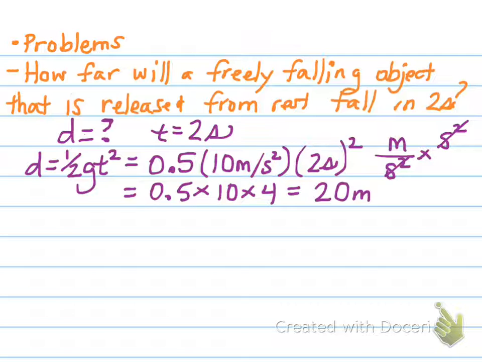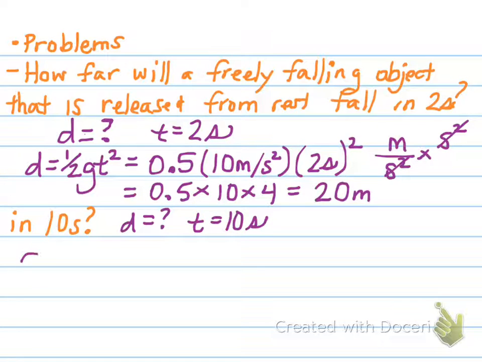All right, what if we have the same question pretty much, but we want to talk about in 10 seconds how far it's going to have fallen? Right? So, again, we want to know our distance. Our time this time is the 10 seconds. Our equation is the 1/2 gt squared.